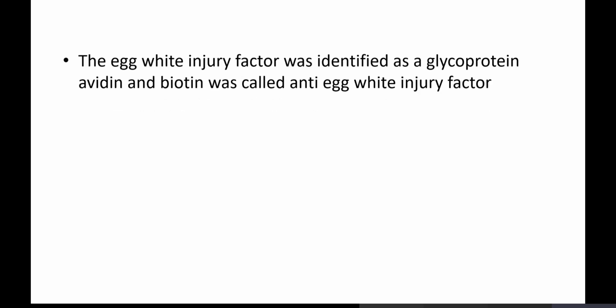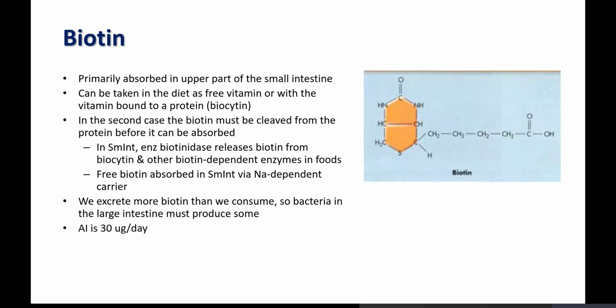What is the chemistry of this biotin? Basically, biotin is a heterocyclic, sulfur containing monocarboxylic acid. You see your favorite carboxylic group.